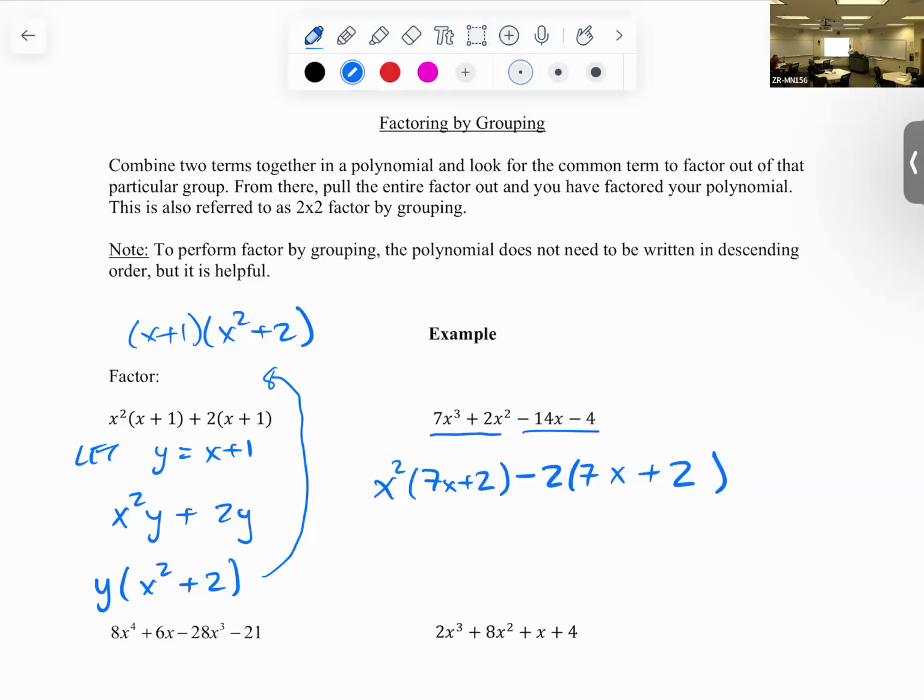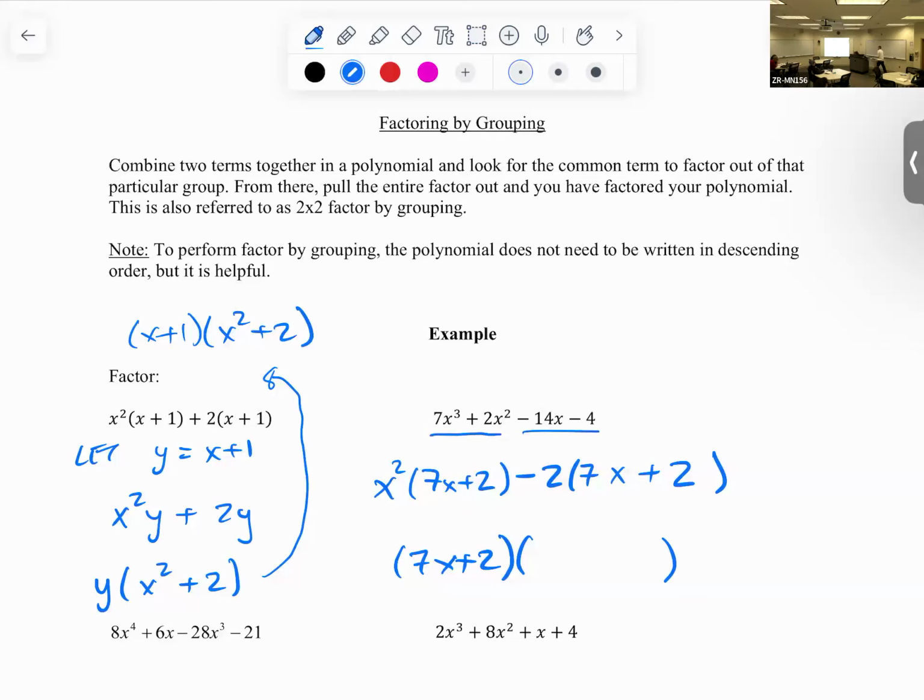Now, here's how I know factor by grouping worked. 7x plus 2, 7x plus 2. They have to match. And it's super common, if we had missed the negative or whatever, you'd end up with a mismatch. If the signs are off or anything, that means you didn't pull out the greatest common factor. As soon as you identify they match, pull that 7x plus 2 all the way out.